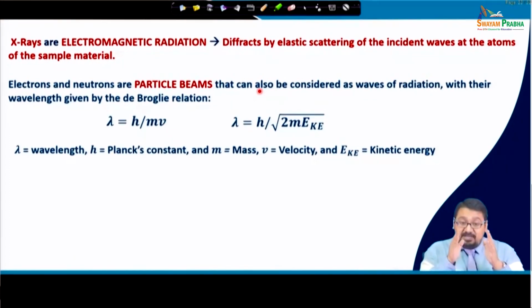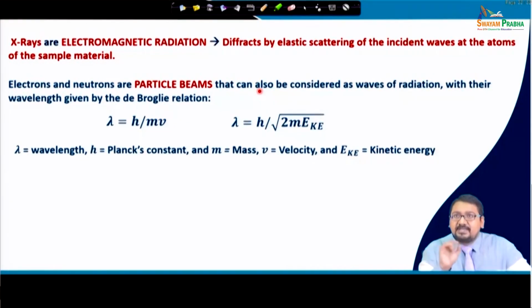But if we look into the electron beam or the neutron beam, they are basically particles which are travelling at a higher speed, so that it becomes a particle beam, and therefore these particles look like a wave of radiation, and they exhibit a certain wavelength.